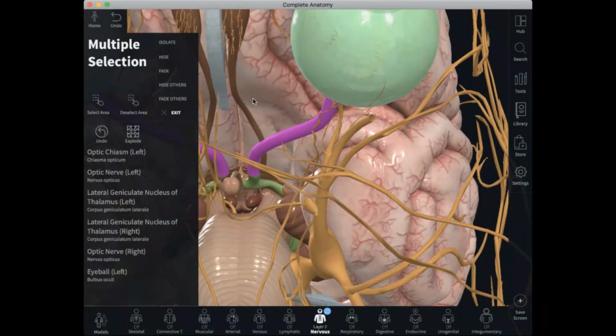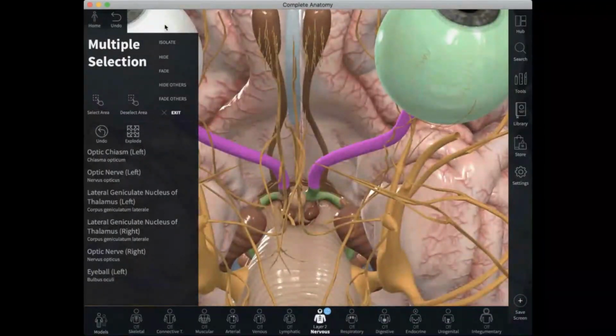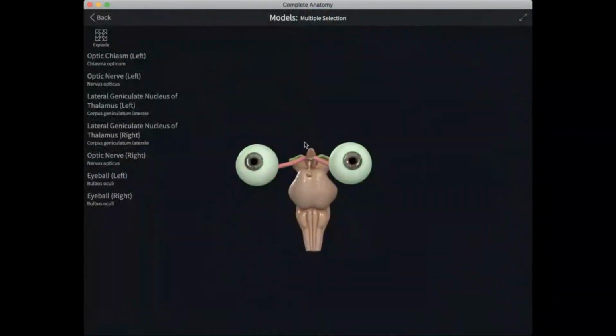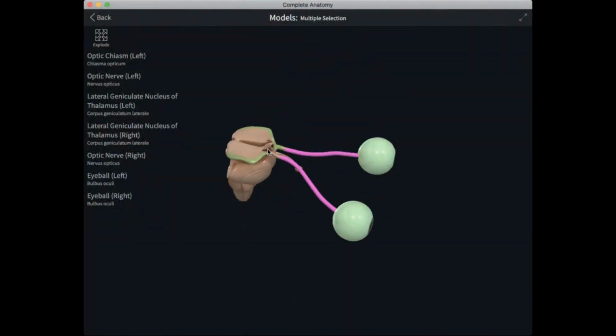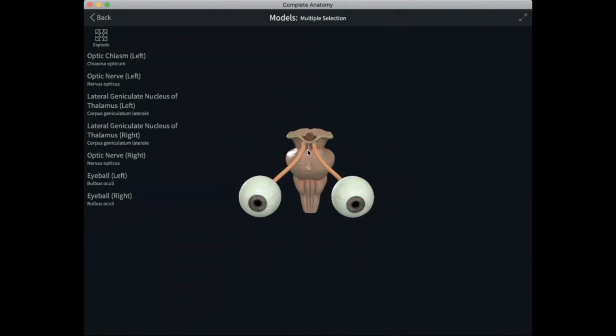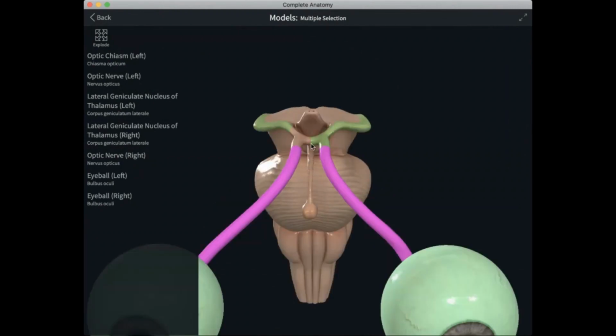Here you can see the optic nerve that is coming here, and at the pituitary stalk level, where the pituitary stalk is entering, the optic nerve is crossing. The crossing junction is called the optic chiasma.